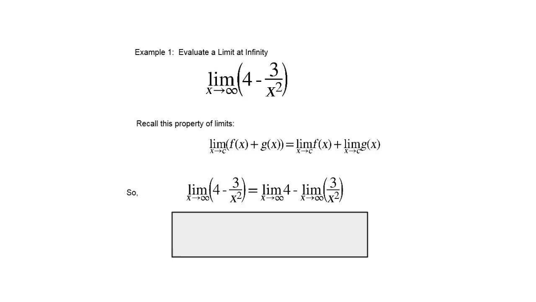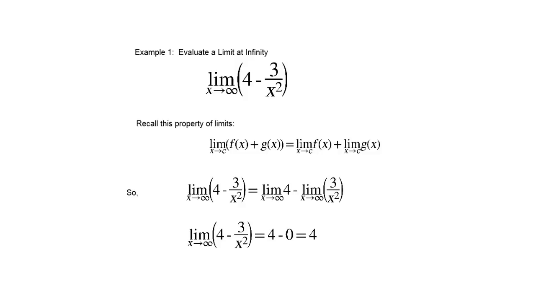So anything divided by an insanely large number is going to be very, very small. As a matter of fact, it approaches 0. So the limit of those two things simply equals 4 minus 0, which equals 4.